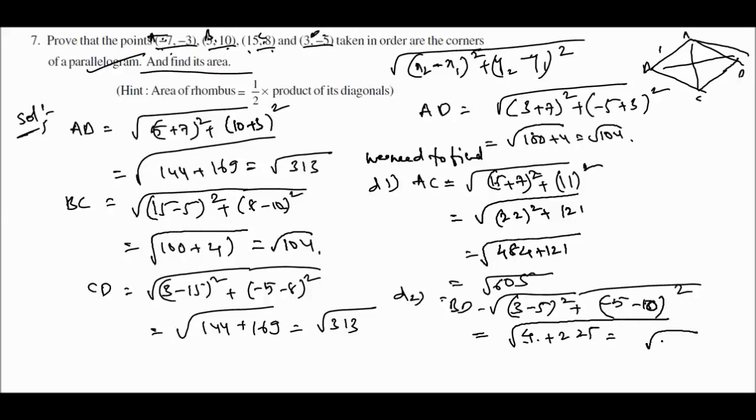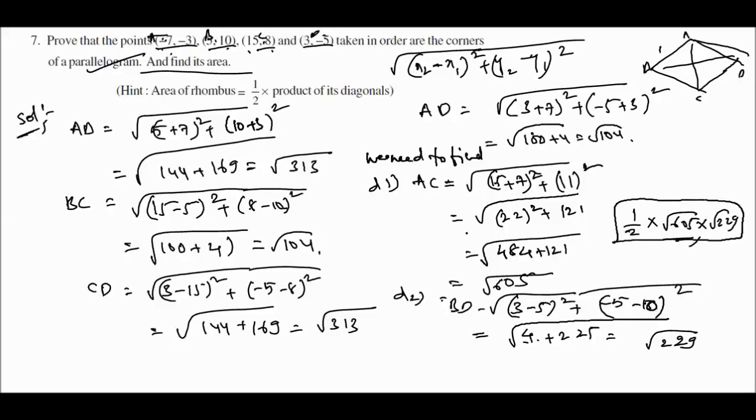So it is equal to under root of 229. So this is the answer, and this one is diagonal 2. So half into diagonal 1 into diagonal 2 is under root of 605 into under root of 229. So this becomes the answer.